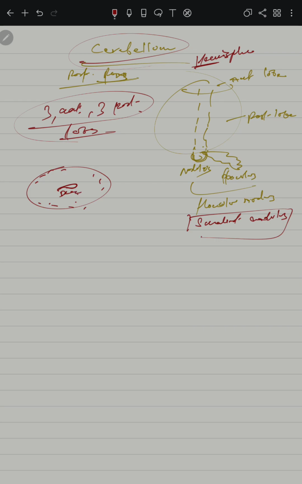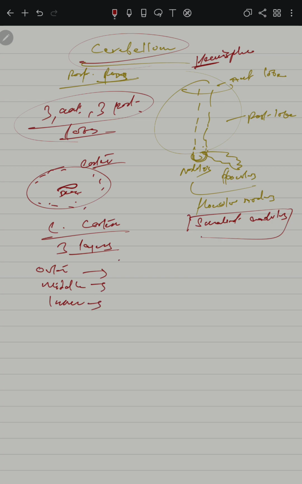There are three layers for the cerebellar cortex: outer, middle, inner. The outer is called the molecular layer, the middle is called the Purkinje layer, and the inner is the granular layer.